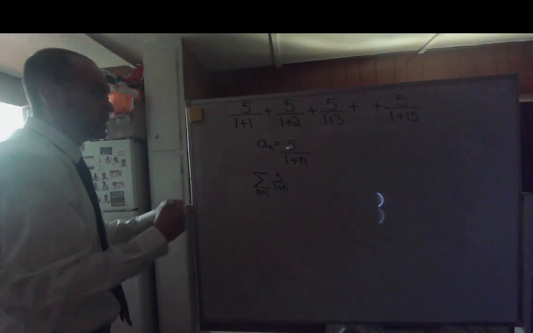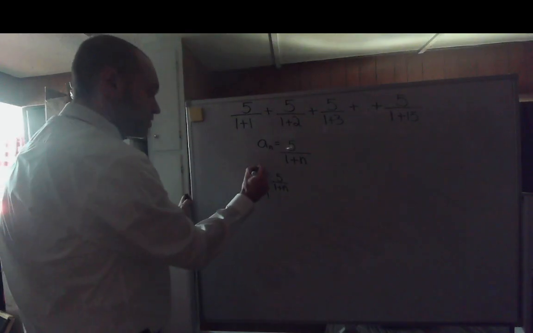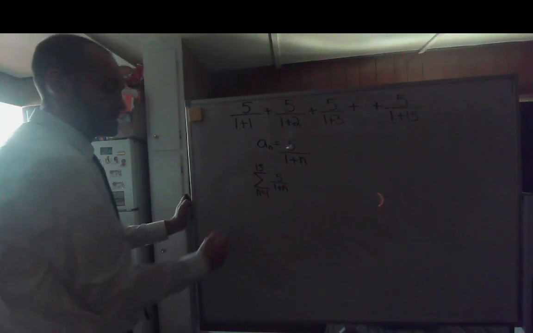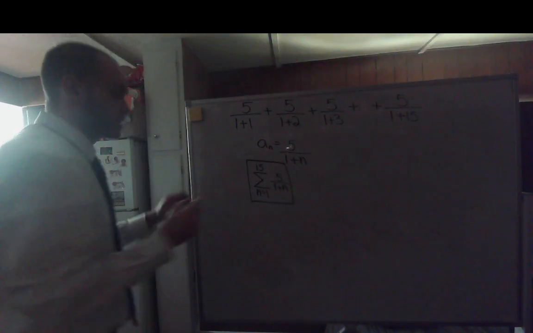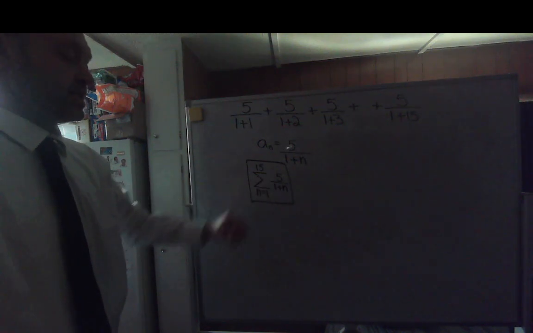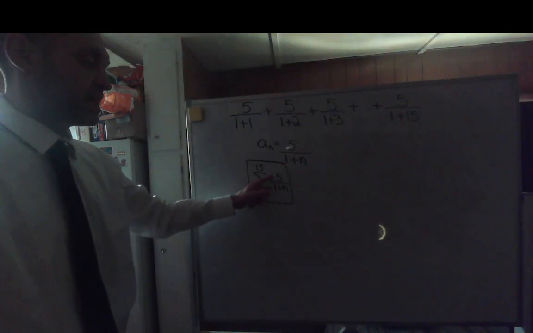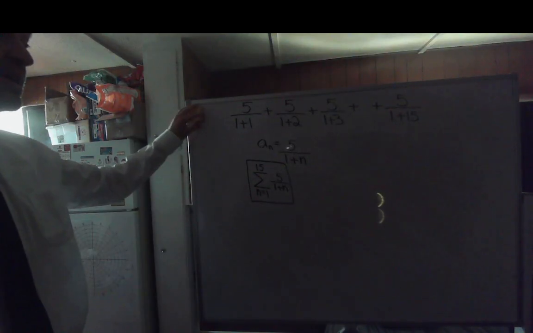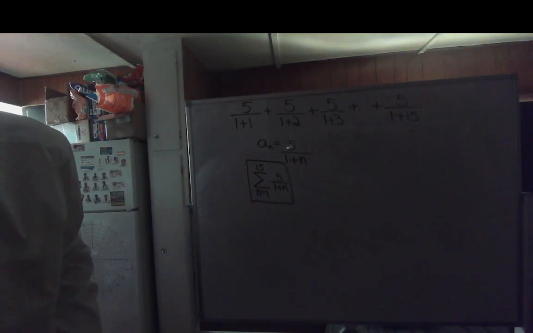And then it goes all the way to 15, that's your upper limit of summation, so you would put that above the sigma sign. So it would be the sum from 1 to 15 of 5 over 1 plus n. That's how you would express this in sigma notation.